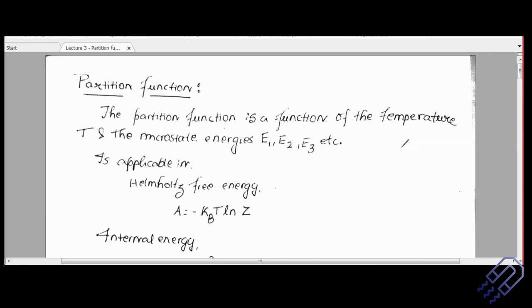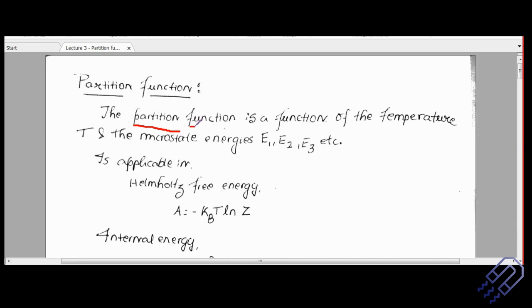Some of the terms I have not explained, and these should be known to you from your basic idea of thermodynamics. So what is a partition function? This is no doubt a function, just like you write an equation in terms of x and y, but it has a specific meaning in statistical mechanics.